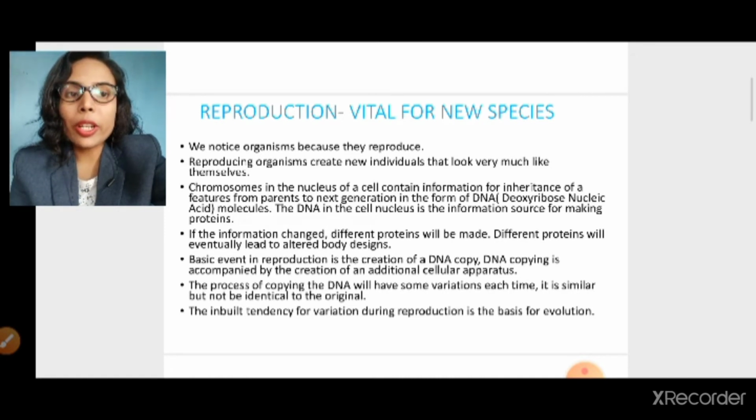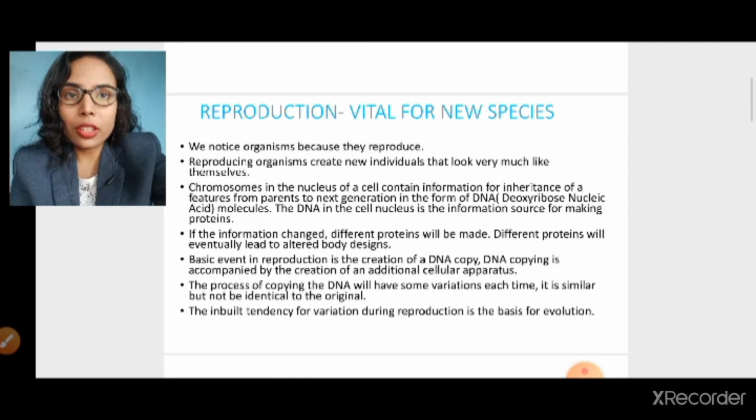The basic event in reproduction is the creation of a DNA copy. DNA copying is accompanied by the creation of an additional cellular apparatus. The process of copying the DNA will have some variations each time. It is similar but not identical to the original.